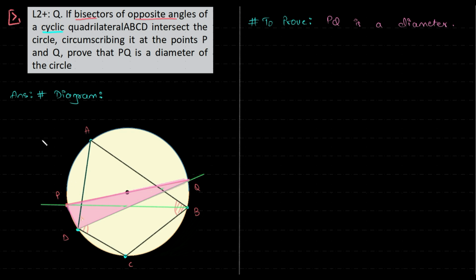Basically the angle is made up of this particular angle and this particular angle. If you prove that these two add up to 90 degrees, we are done. So we have to do a bit of construction, that is, join things, nothing much.